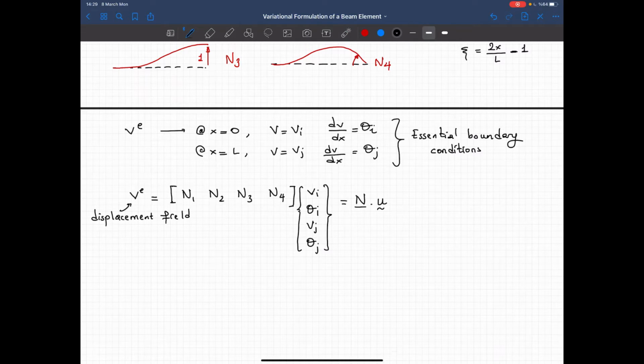So let's relate them. Curvature, displacement, relationship.